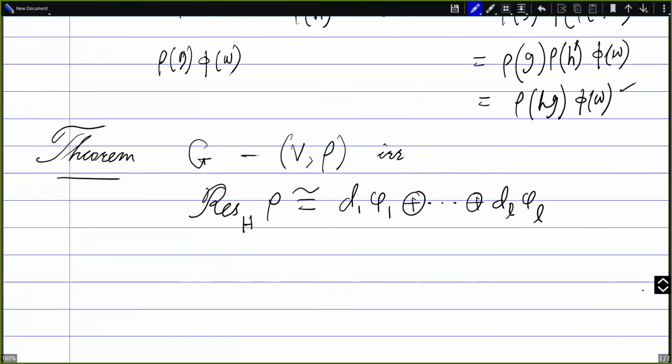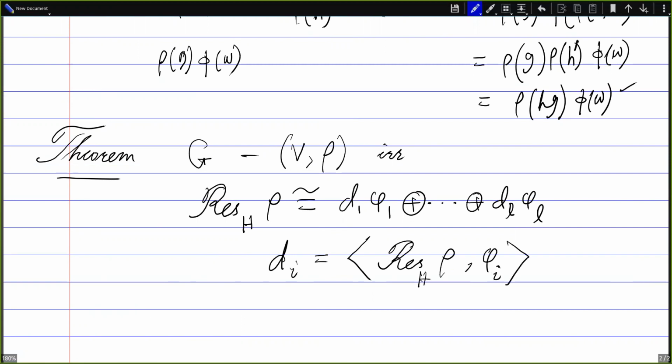Now you see that here some di might be 0. What are di's? Di is nothing but the number of times phi I occurs in the restriction, right?